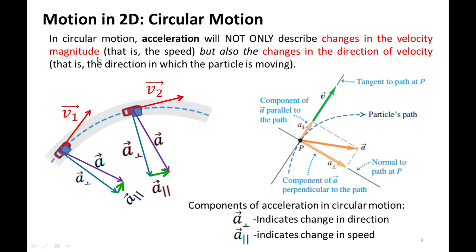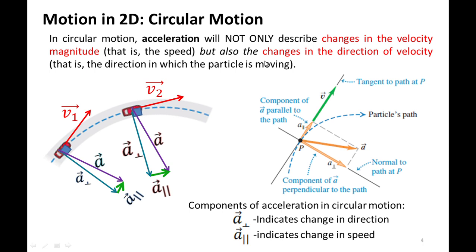Now, here in circular motion, the acceleration not only changes the magnitude of the velocity, but it could also change the direction of the velocity. And that is the direction in which the particle is moving.